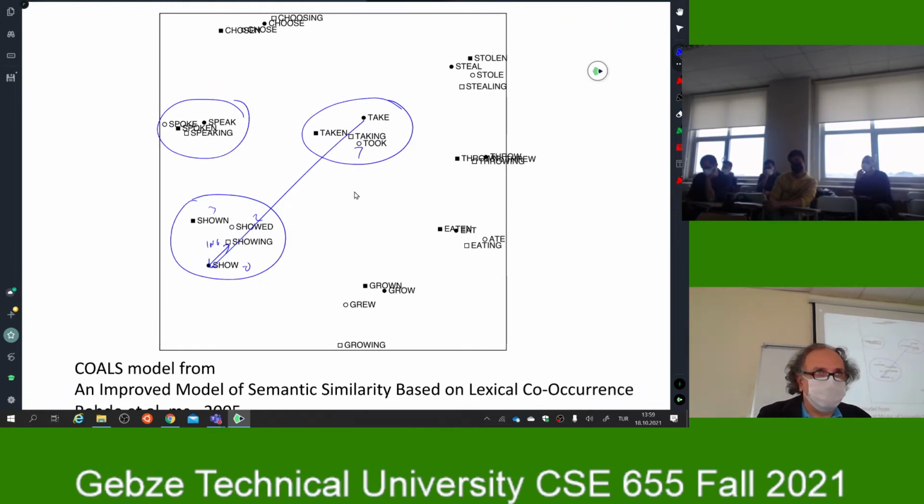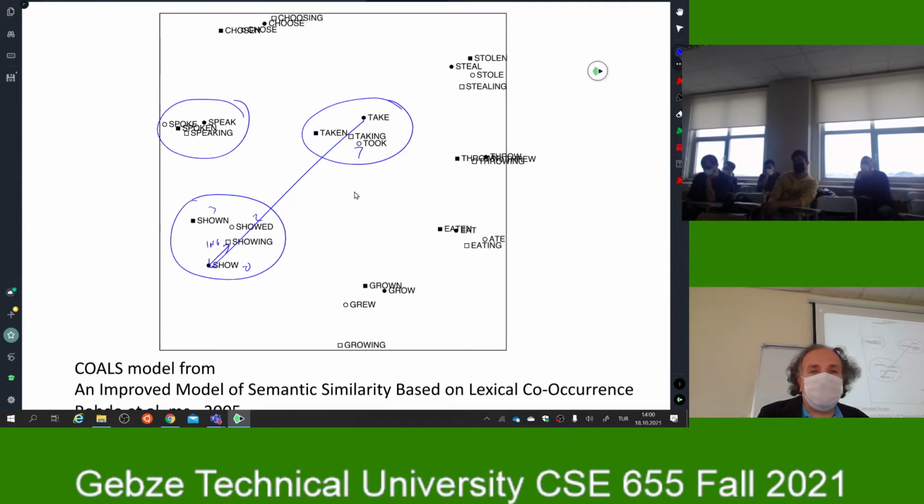The algorithm can detect this relationship, but the algorithm doesn't know what kind of relationship it is detecting. The algorithm only assigns vectors to words. But when we come back and put these words on the two-dimensional chart, we see that those vectors are very close for the different forms of the same word.